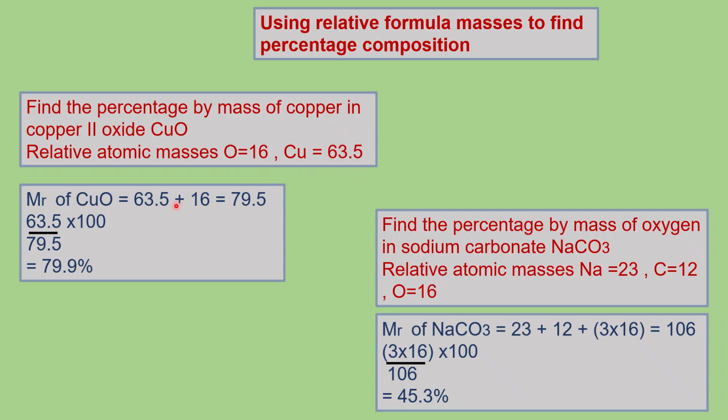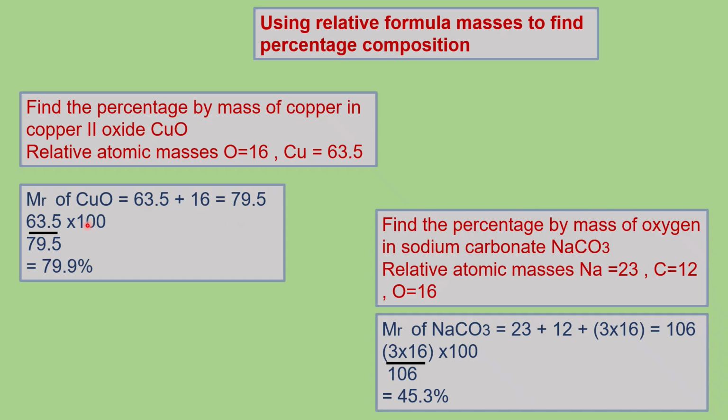First thing, find the relative formula mass of copper oxide by adding the masses times the number of atoms. You have 1 copper atom, 1 oxygen atom, therefore it's 63.5 plus 16, and the Mr equals 79.5.